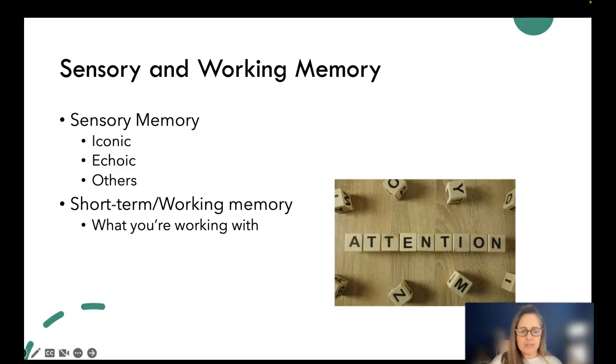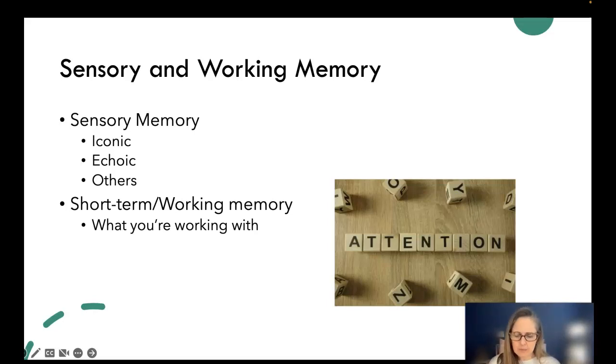It's probably not a surprise that sensory memory for visual information and sensory memory for auditory information, what you hear, those two have been studied the most. And so we have terms for those two sensory registers. For our visual sensory memory, it's what we call iconic memory. And for our auditory sensory memory, it's what we call echoic memory.